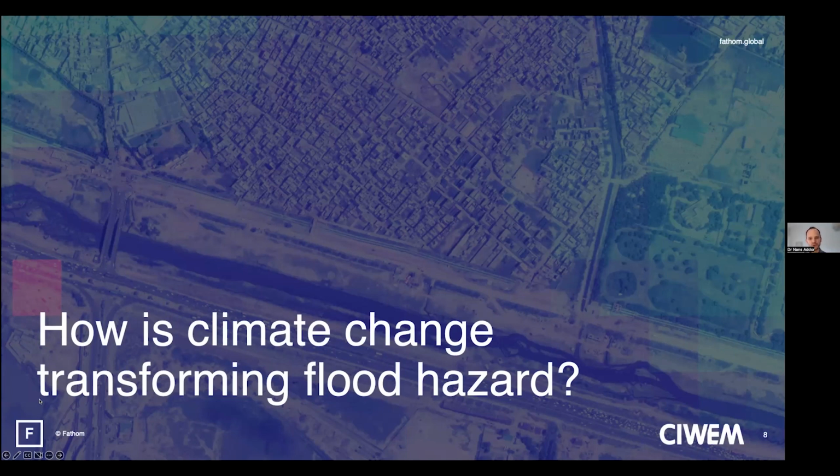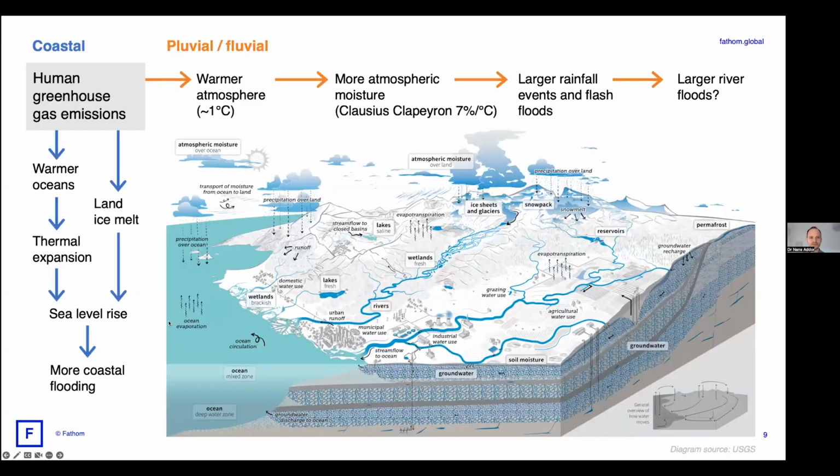So a good starting point is the atmosphere. Humans are emitting large quantities of greenhouse gases into the atmosphere, and these gases are trapping heat within the atmosphere. This means that the atmosphere is warming up. Currently, it has warmed up by about 1 degree Celsius since the pre-industrial era.